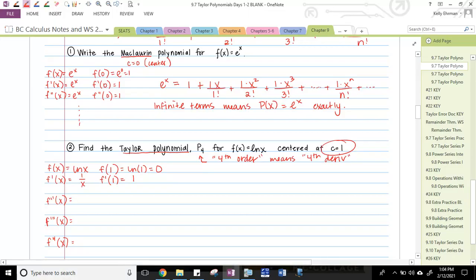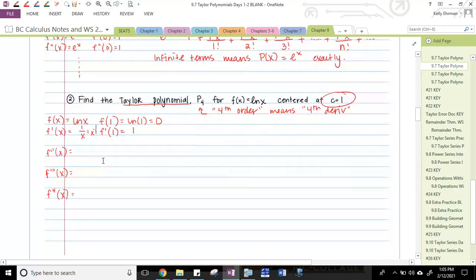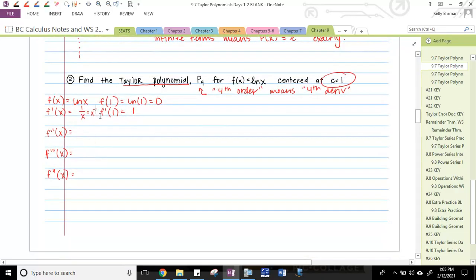What's the derivative of 1 over x? Remember, this is like having x to the negative 1. We've been in integration mode for so long, derivatives can kind of make us go backwards here. So remember, that would be negative 1 times x to the negative 2, or negative 1 over x squared. And when you plug in 1 into negative 1 over x squared, you get negative 1.